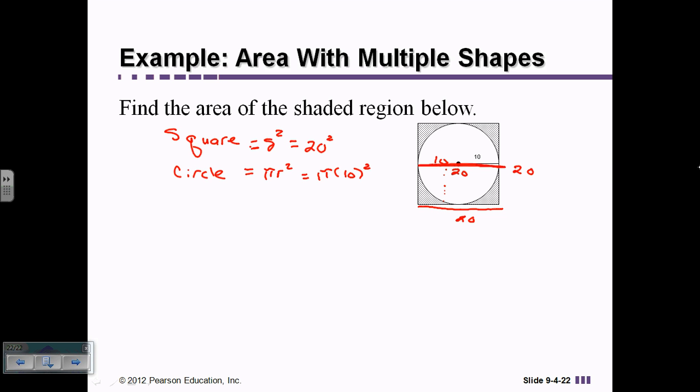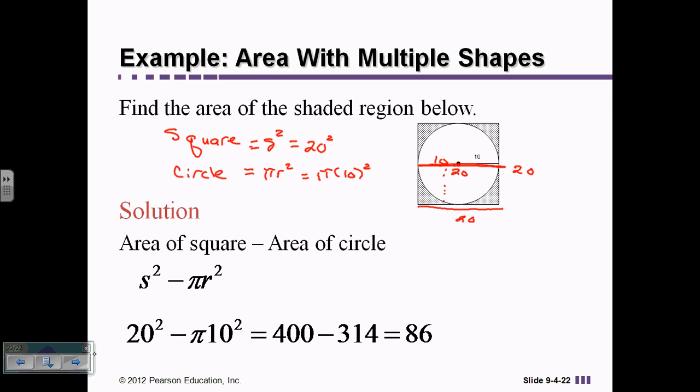And so if we do our calculations here, what we're going to do is find the area of the square and the area of the circle and subtract them. So the area of the square minus the area of the circle ends up to be approximately 86. And I didn't have units on there. So if you wanted to write units, you could say units squared, just to put a U for the units. And so that would be the area of the shaded region.